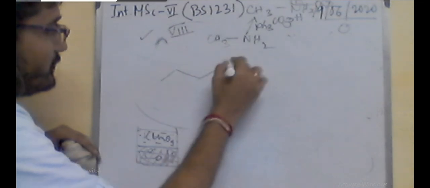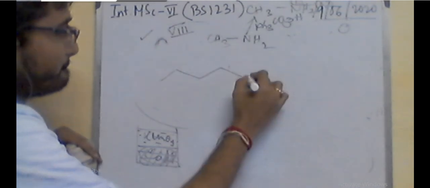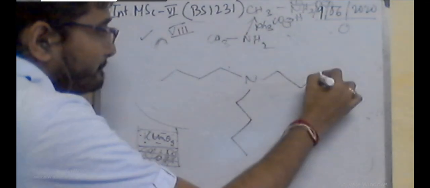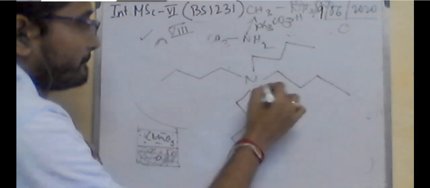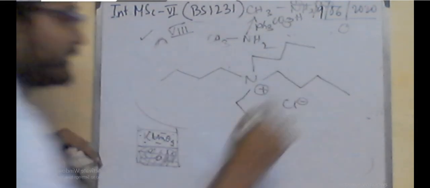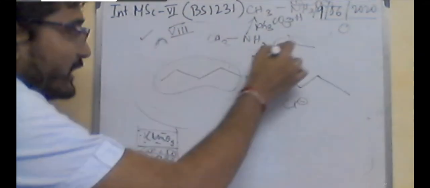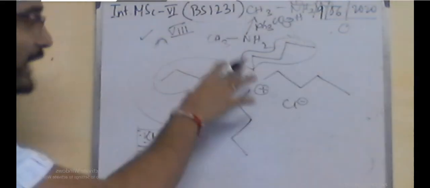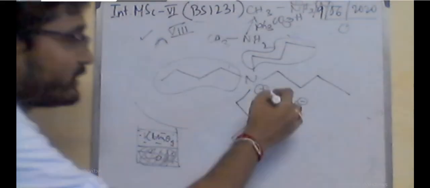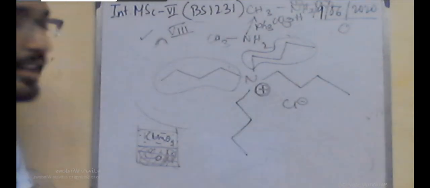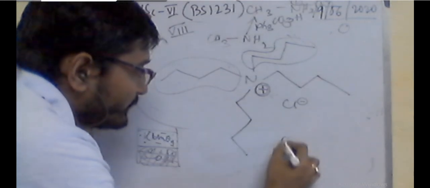Four butyl chains remain here, and you can see the charged part is also there. So we can write this molecule this way. Say this is the polar head and this is the non-polar tail. Or we can say the non-polar part is lipophilic, and the polar part is hydrophilic.